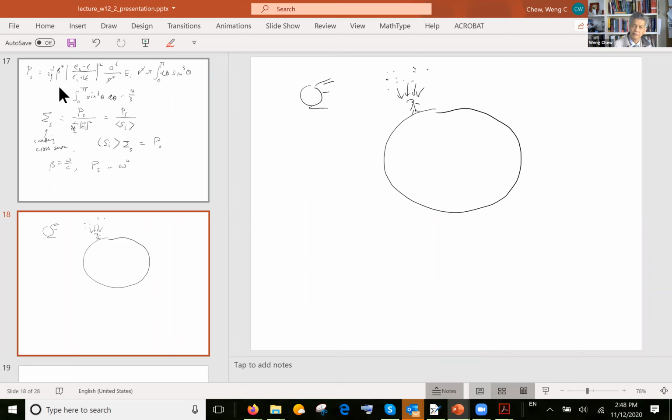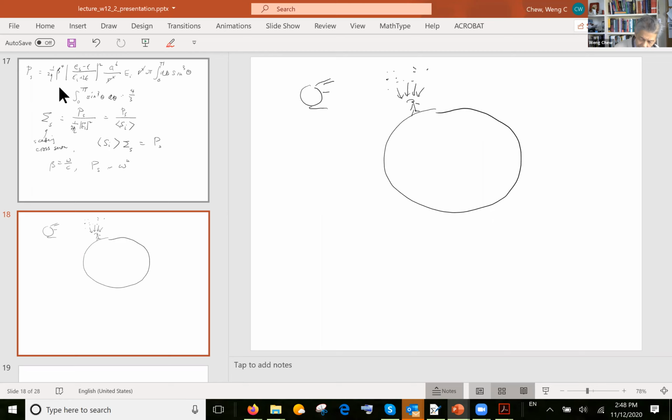And because the higher the frequency, the higher the scattering, blue light tends to be scattered more than white light or other lights. On the solar spectrum, you see a lot of blue light being scattered into your eyes. That's why when you look into the sky, it is blue. Okay, any question on this?